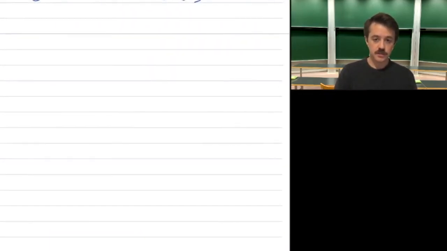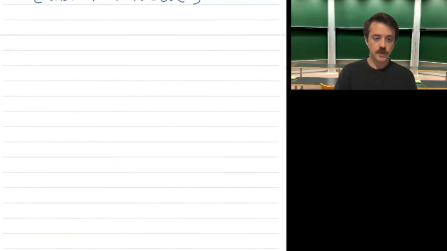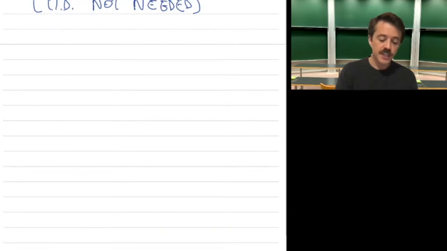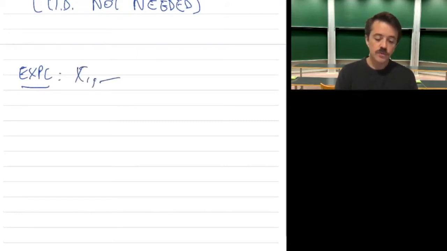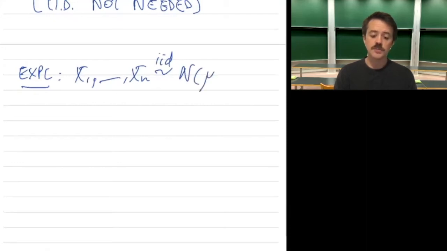So for example, we wish to consider x1 to xn that are IID according to a normal distribution with some mean mu and variance sigma squared.